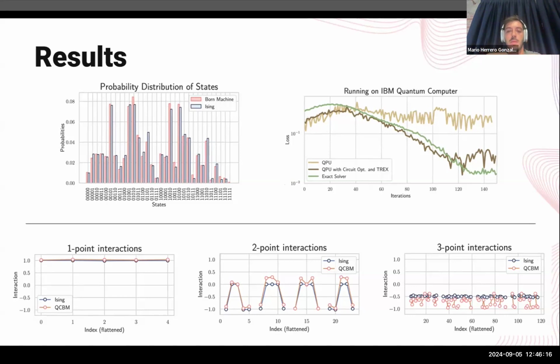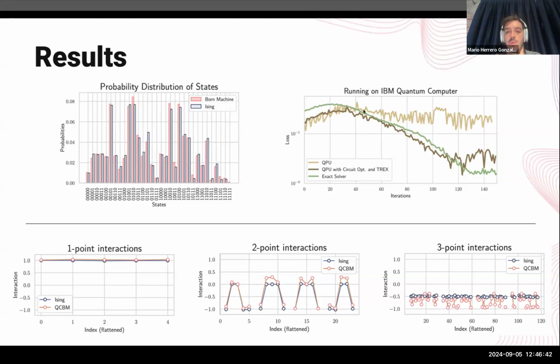This is a barrier that we still need to overcome, and a lot of people are working on it. So what happens when we just use the quantum computer without trying to mitigate this noise? We have this yellow line here. The loss function doesn't really go down. Here I'm plotting the loss with respect to the iterations or epochs, and it doesn't go down much because noise is influencing the training quite a bit.